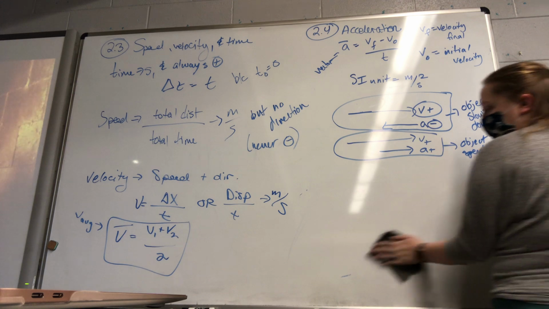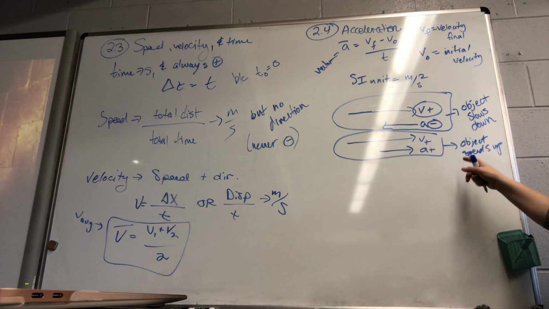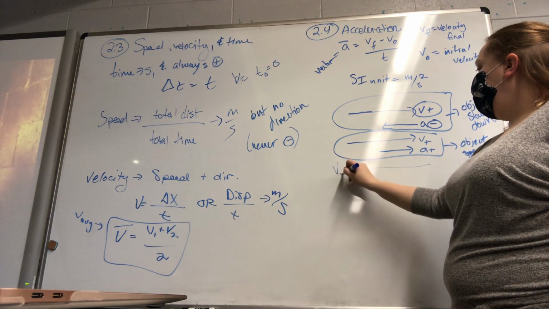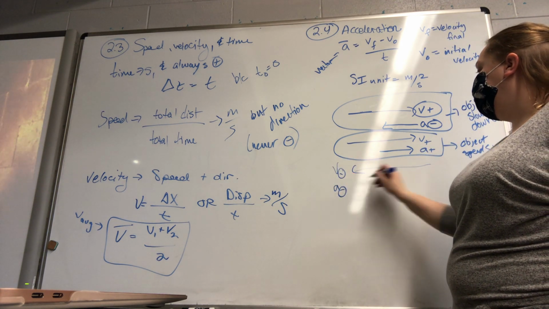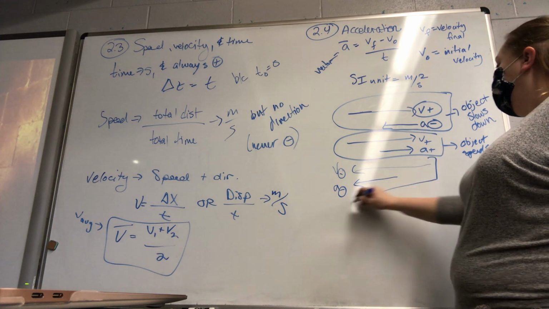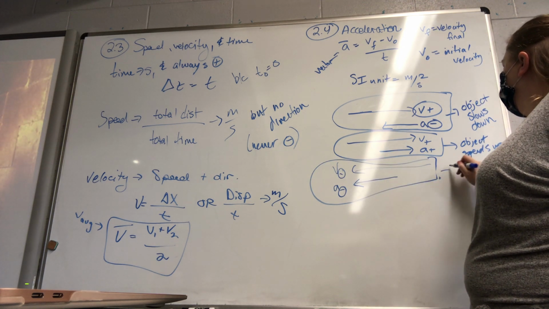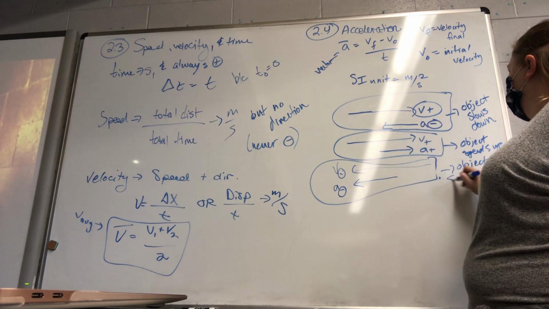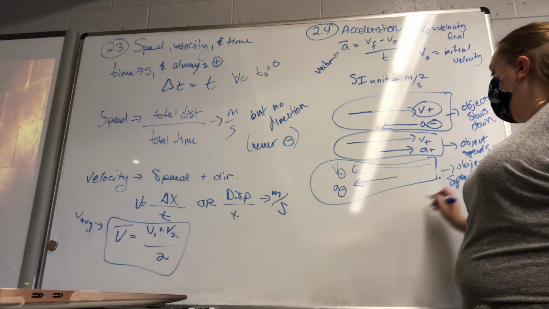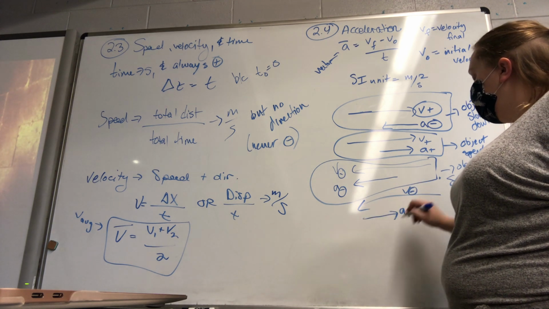So remember that acceleration is going to be determined to having an effect on motion, but you have to look at the signs of the motions first. So if we have V negative and A negative, what's happening? Moving left. The object is speeding up to the left, right? And then our last one was V negative with A positive.